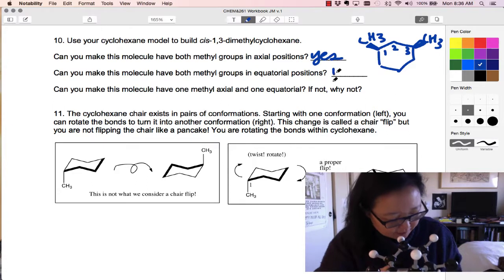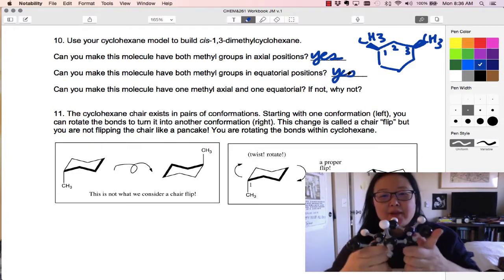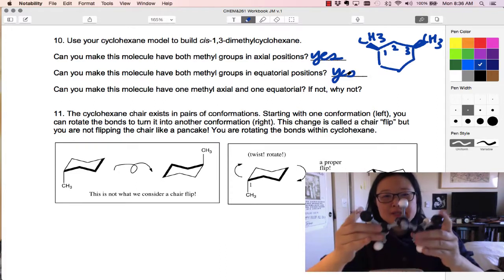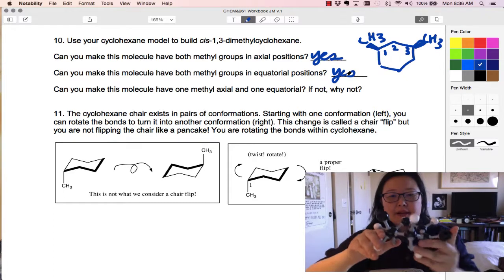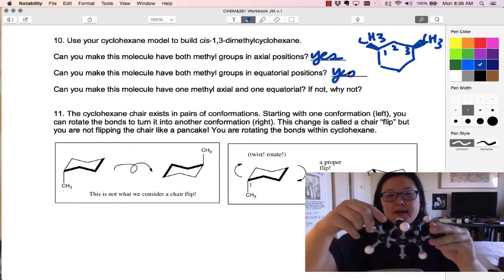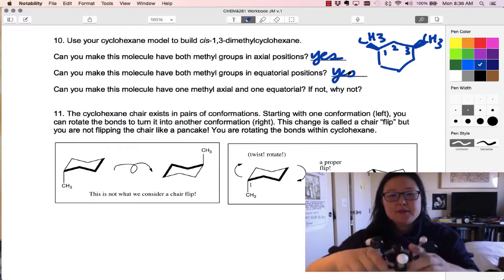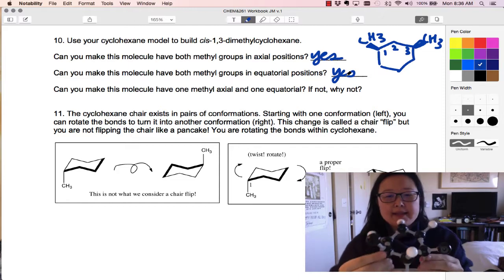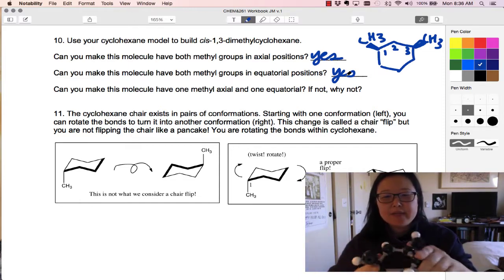So yes, I can rotate the bonds and make them equatorial in a way that maintains their cis to each other. But if I make one axial and the other equatorial, they're still going to be up and up, but it's not the chair form anymore. So I can't quite get them to maintain that zigzag I had before, the chair conformation.